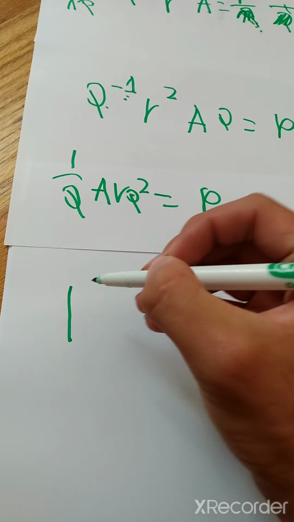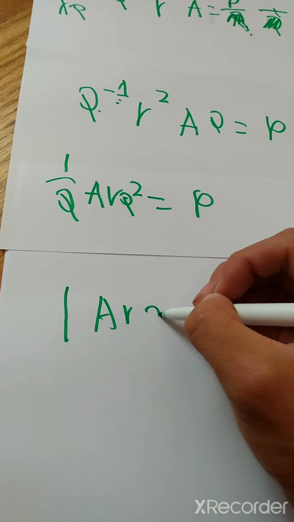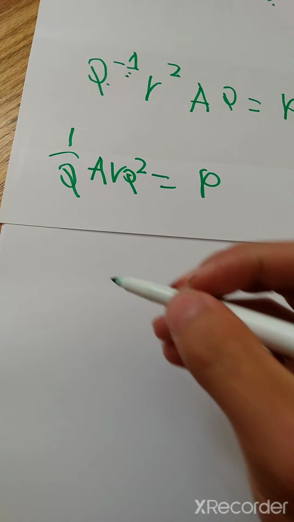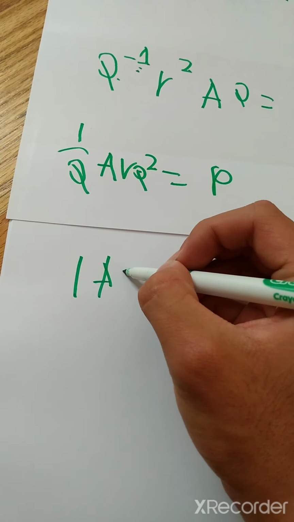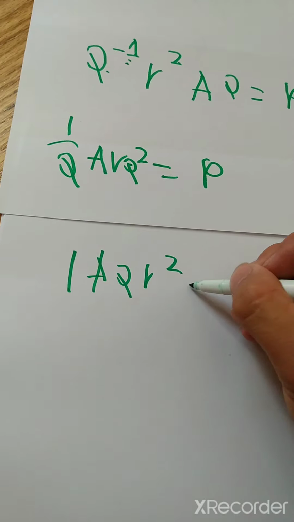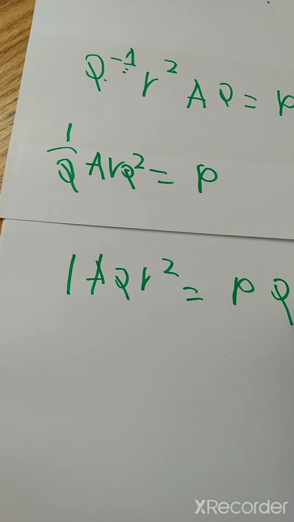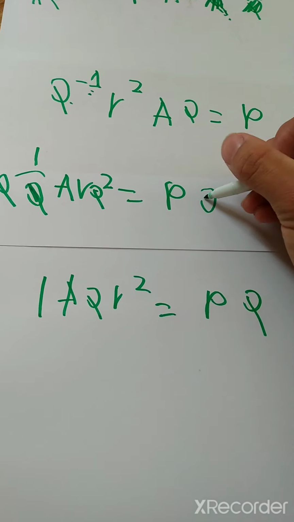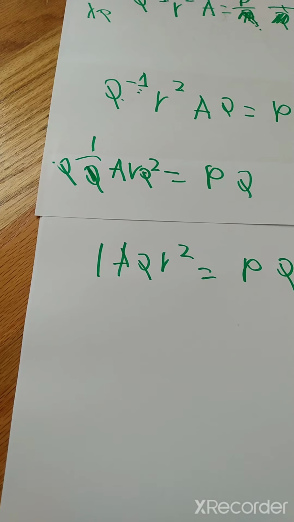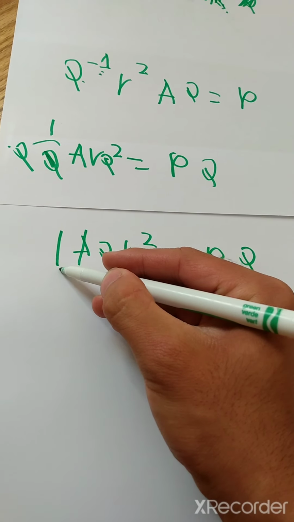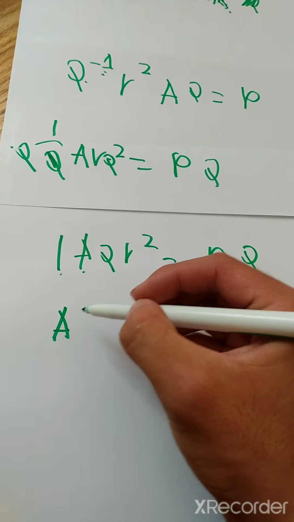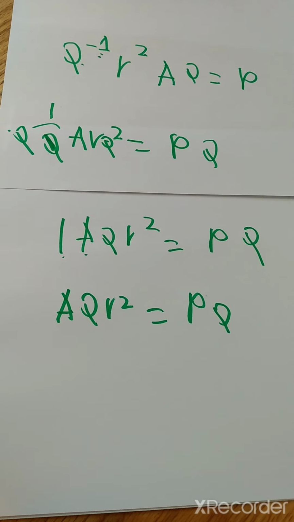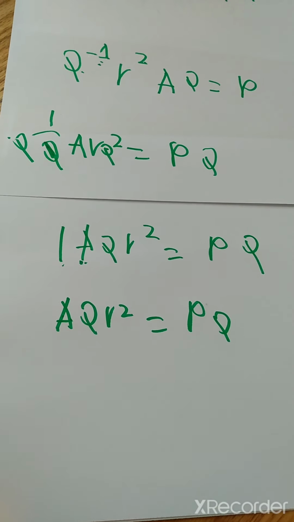So now we get 1a with q r squared equals pq, because when we multiply both sides by q, these cancel out, but now we have a q right here. And with 1a, it's just a, so we're going to rewrite the whole thing as a times qr squared equals pq, because 1a is the same thing as a.